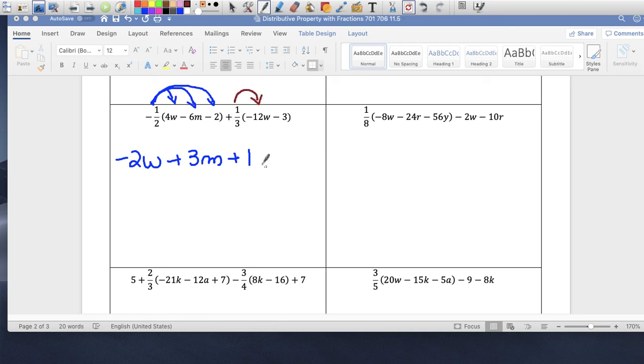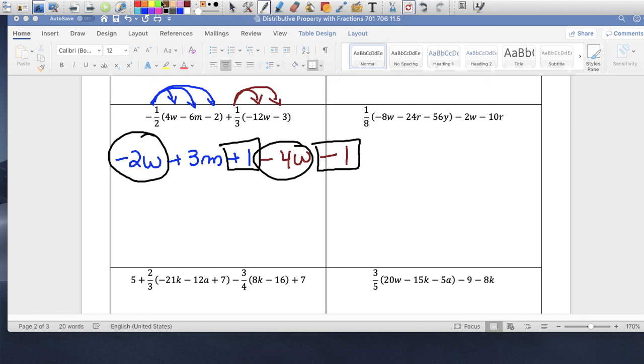So positive times a negative is a negative, and 1/3 of 12 is 4w. Positive times a negative is a negative again, and 1/3 of 3 is just 1. Combine like terms, yes, this guy is this guy, and then this guy is this guy.